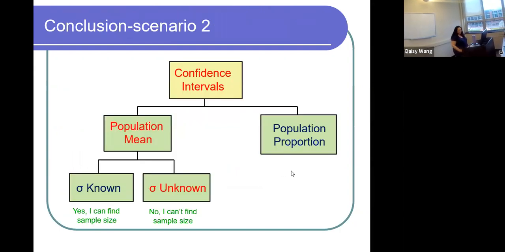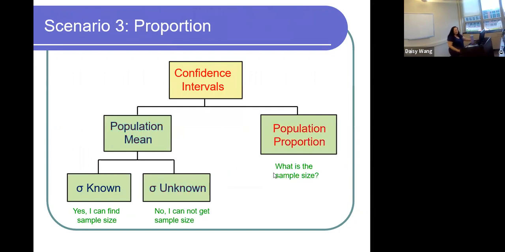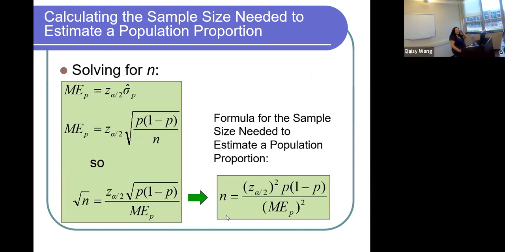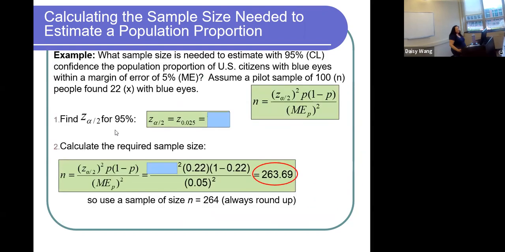So let's solve. For population proportion, very similar to this one. n will be d squared times p times q, because this is where the formula is, right? And then divided by margin of error squared. Same thing. So for 95%, what is the Z? Yes, 1.96.